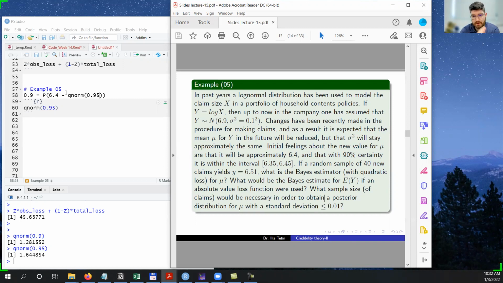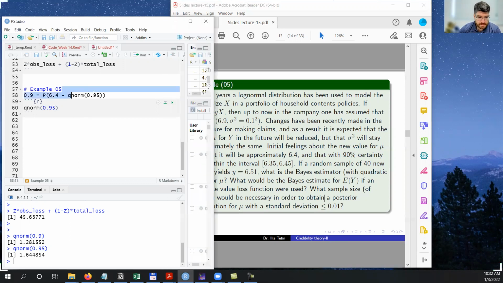If we were talking about a one-sided test, then we would use 0.9. So for now, that's correct. We're dealing with the quantile of the normal distribution with 5% on both sides.